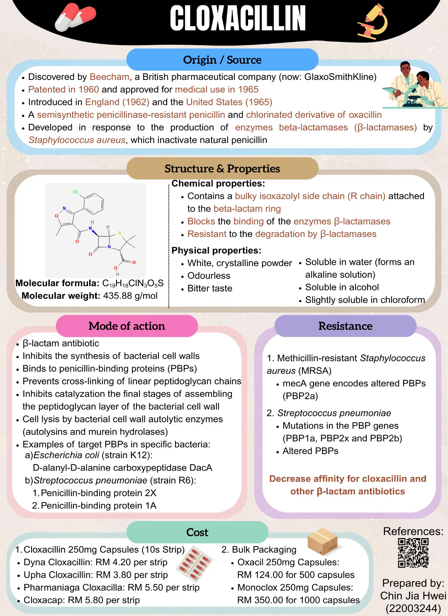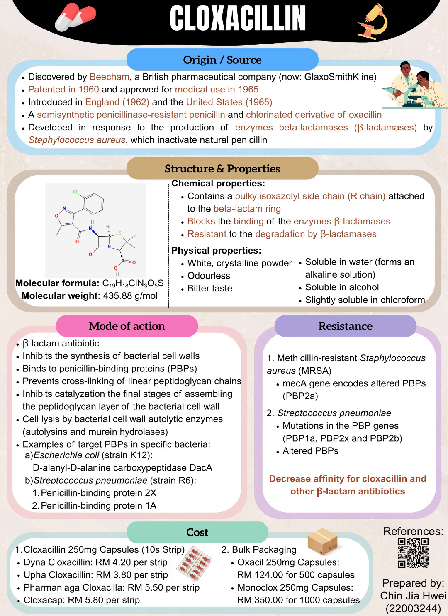Although Cloxacillin is resistant to beta-lactamase enzymes, several microbes can escape this action. Firstly, methicillin-resistant Staphylococcus aureus (MRSA) produces an altered penicillin-binding protein called PBP2A, which is encoded by the mecA gene.